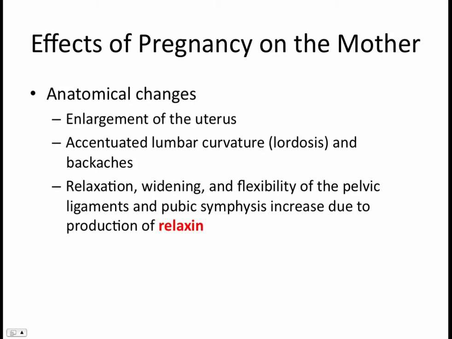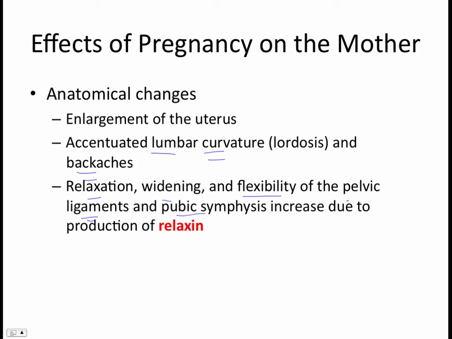And to account for the growing fetus, we also bear more weight anteriorly, and therefore the mother's curvature, to allow herself to balance, we're going to have an accentuation of the lumbar curvature. Other things, we have relaxation, widening, and flexibility of the pelvic ligaments to prepare for labor.